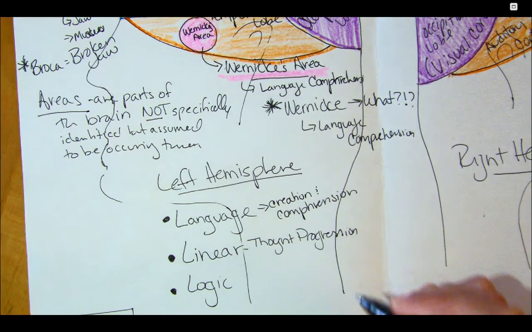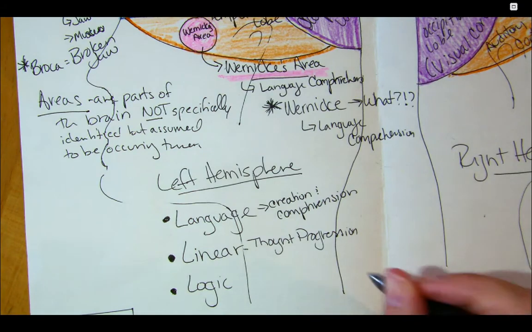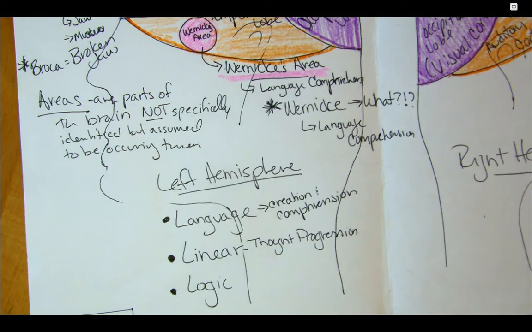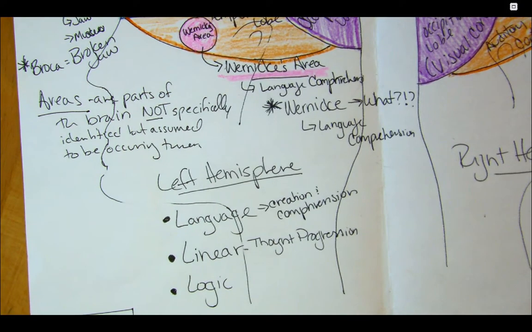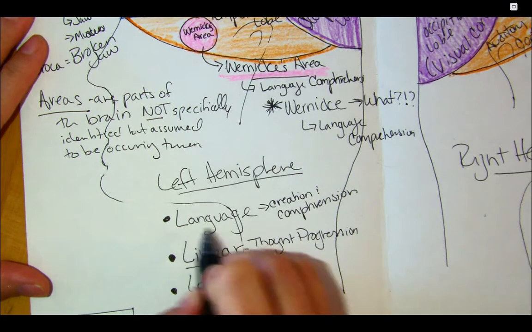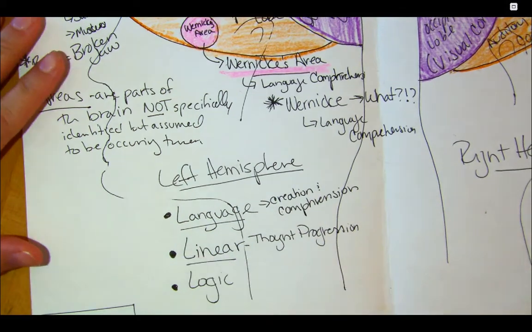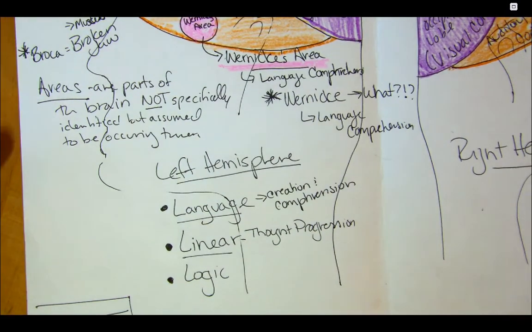Your thought progressions are, if I get out of bed right now, I have to brush my teeth, wash my face, I have to do this, I have to do that. That's linear, okay? So language is talking, hearing things, processing information. Linear is all your thought progressions.